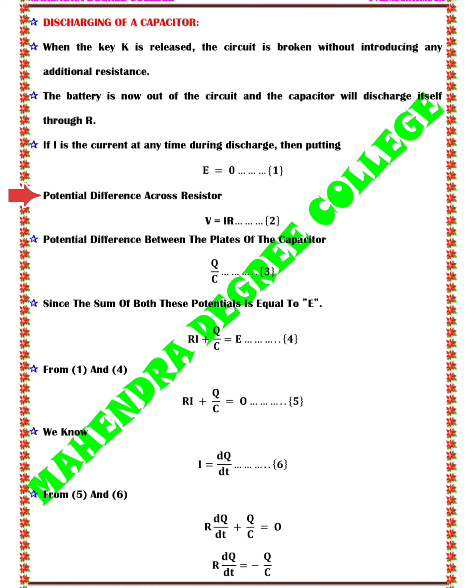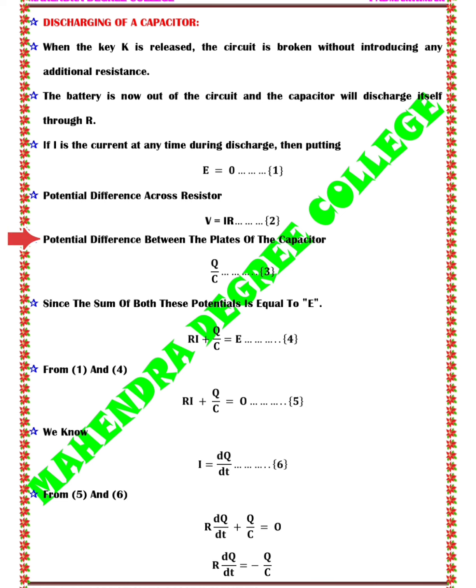Mathematical expression: V equals IR, where V is voltage measured in volts, I is current measured in amperes, R is resistance measured in ohms.